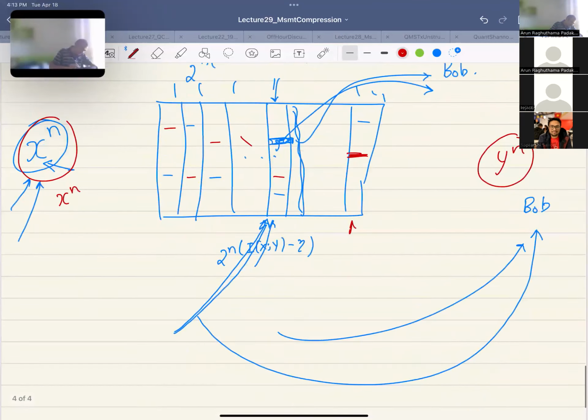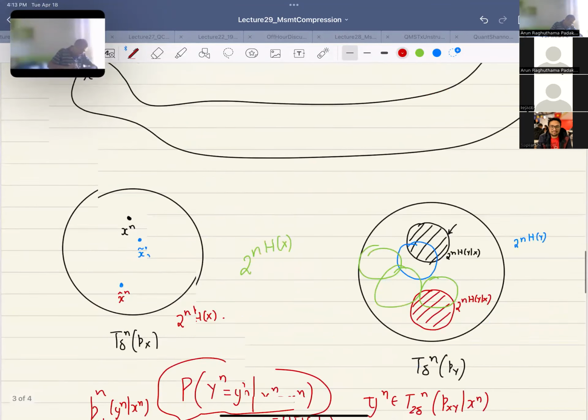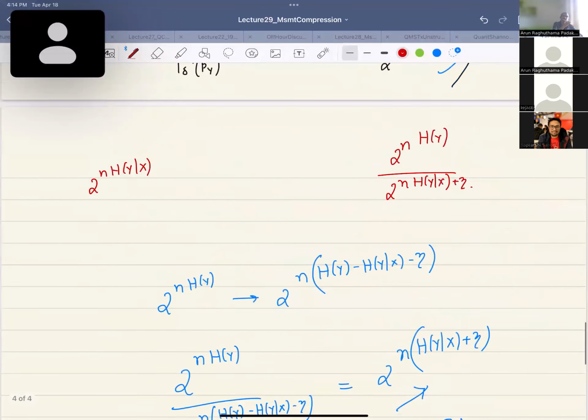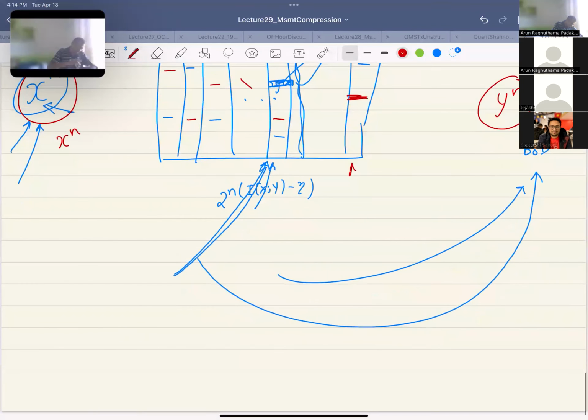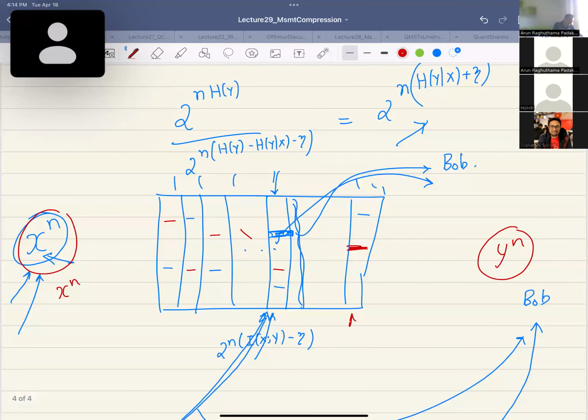Okay, sorry, just one question. If xn is fixed, let's say that's the red sequence, then that whole red ball is spread uniformly amongst all the bins. Correct. And because the bins are also picked uniformly, you're essentially picking from the red ball uniformly. Exactly.